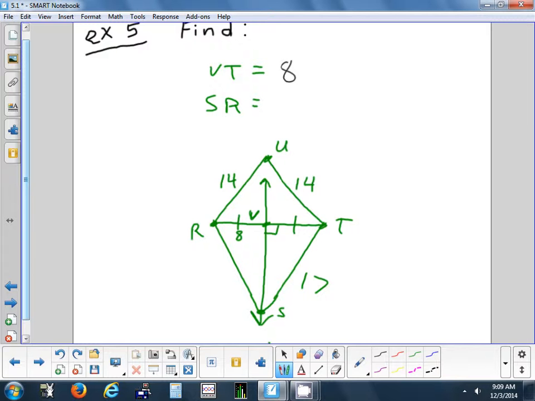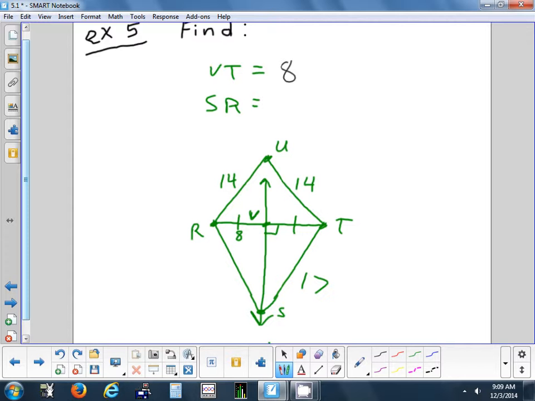Now what about SR? Do we have enough information to find the length of SR? Is there anything special about point S? Yes. Where is point S? How would you describe it? It's on the perpendicular bisector. S is on the perpendicular bisector. So what does that mean?